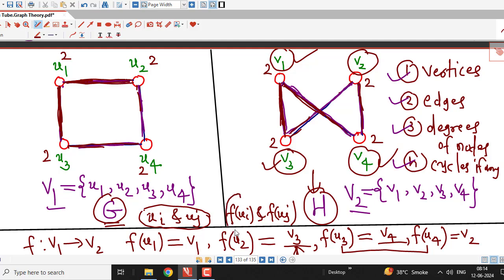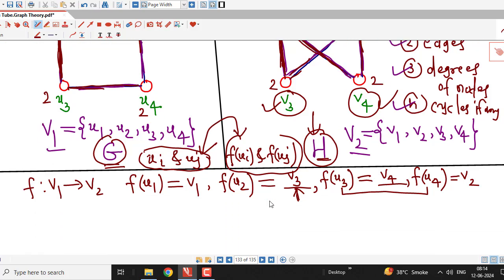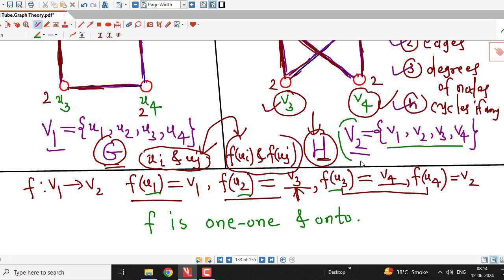So this is the if and only if property. If two vertices are adjacent in G, then their images are adjacent in H. Similarly, if two vertices are not adjacent in G, then their images must not be adjacent in H. So we have this function which is 1-1 and onto from G to H. Therefore, f is an isomorphism. f is 1-1 because distinct elements have distinct images, and f is onto because every element of V2 is the image of some element of V1, or we can say that the range of f is nothing but V2, which is the codomain of this function.